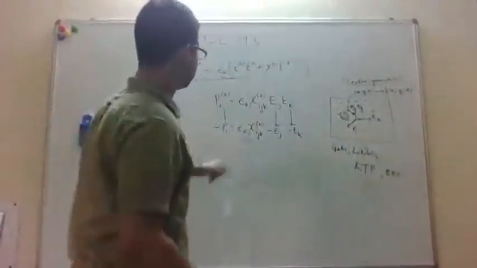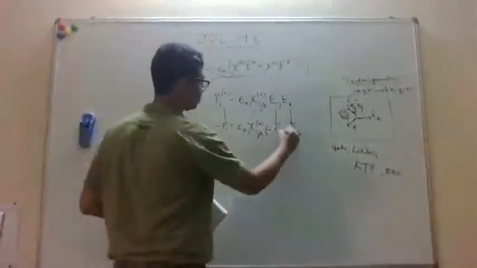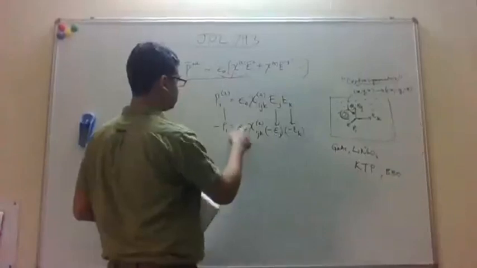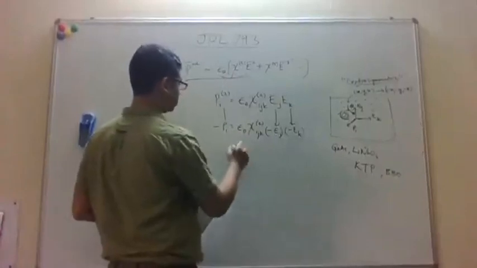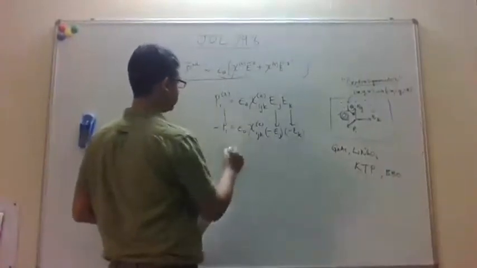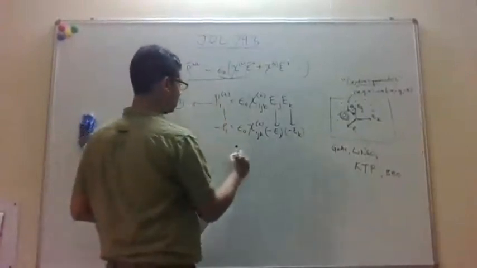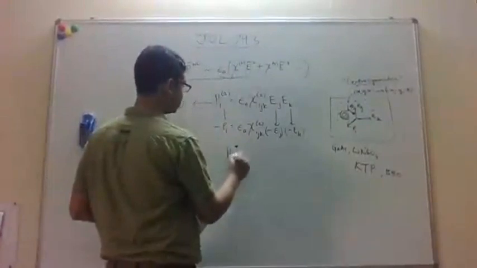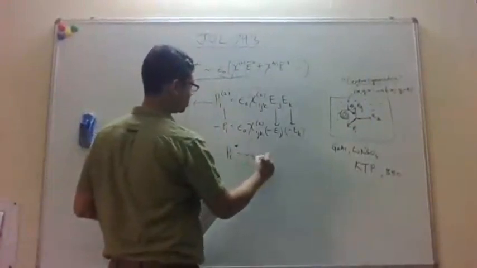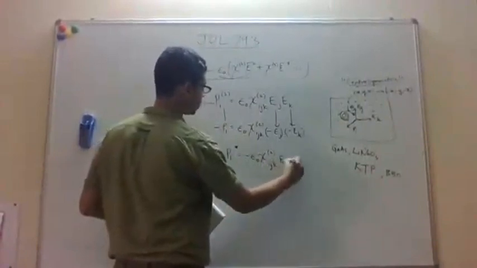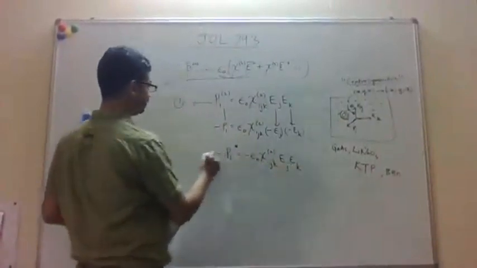But you can see that in this equation, the two minuses cancel out. So from the second equation, you get the negative of the first. This is equation number 1, and equation number 2 has the minus sign.